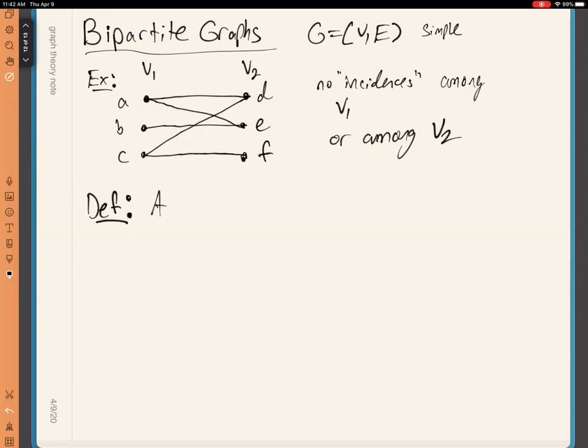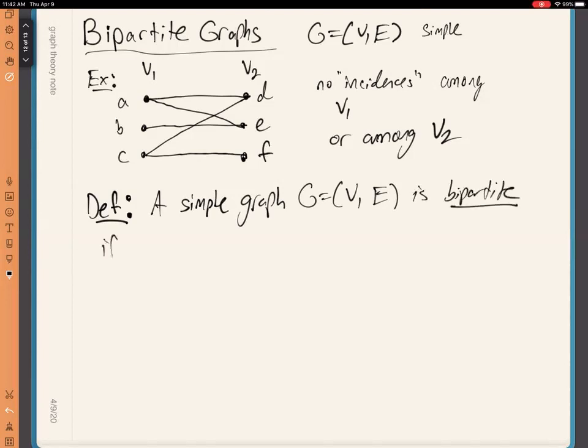Right, so a simple graph G, right, with some set of vertices and some set of edges that connect the vertices, is bipartite if the set V can be split or partitioned as a disjoint union of 2 sets V1 and V2 in the sense above, with the conditions that we saw in the previous example.